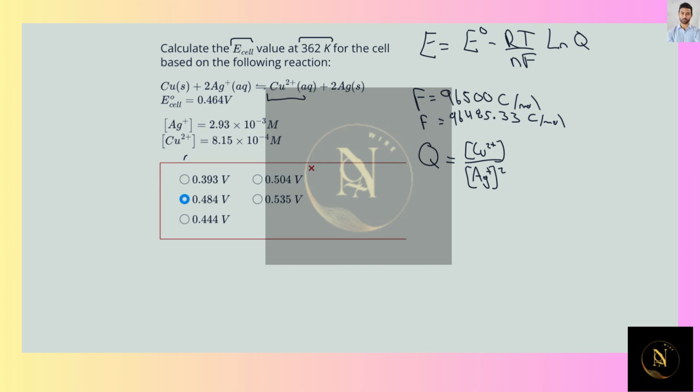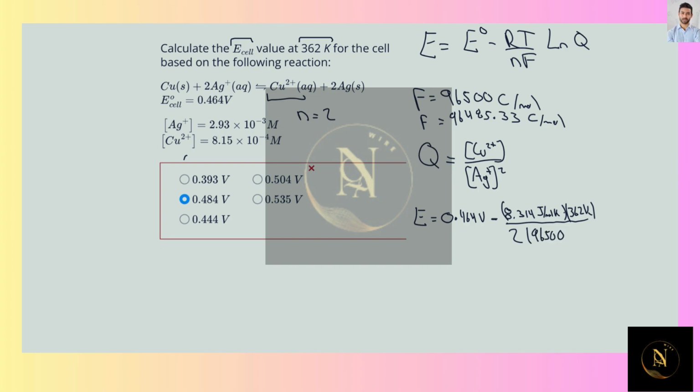So, for that reason, our potential is going to be equal to the standard potential, 0.464 volts, minus R, 8.314 joule per mole Kelvin, multiplied by the temperature, which is 362 Kelvin, over, and in this case, we're going to have an exchange of two electrons, as you can see over here on the balanced reaction, times the Faraday's constant.